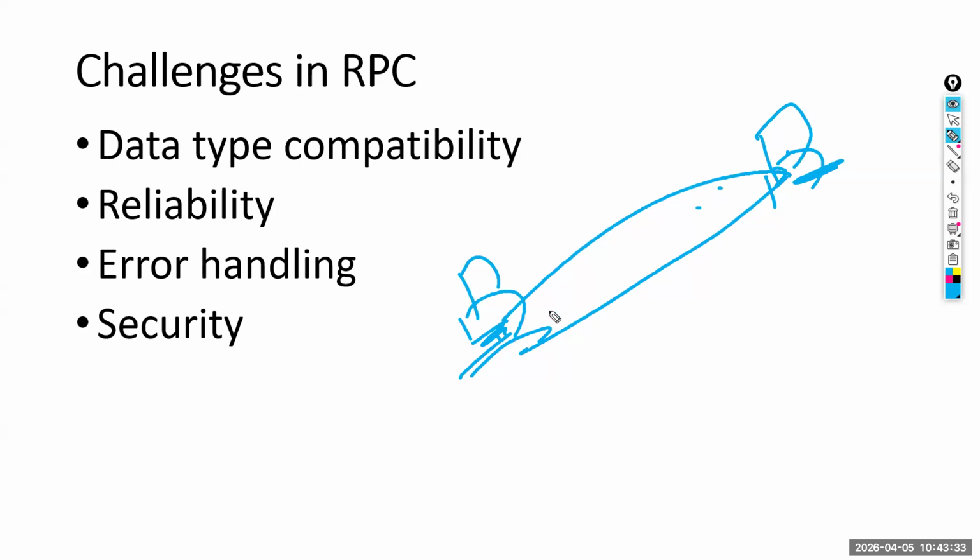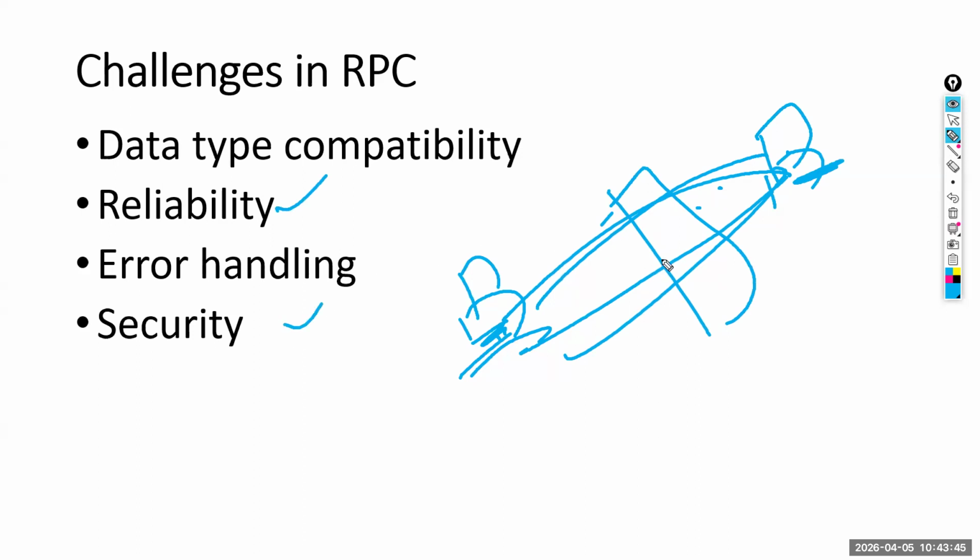Then there is reliability, because you are calling through a network. So there can be some network issues, security issues, right? There are reliability issues, slow responses, slow network, and error handling. Because maybe when you call, the error happens in the other machine. Then how to report that error?